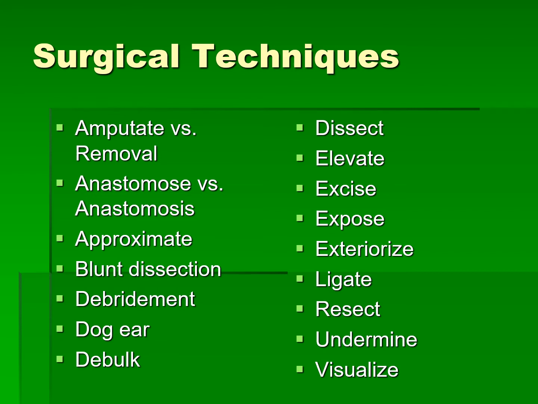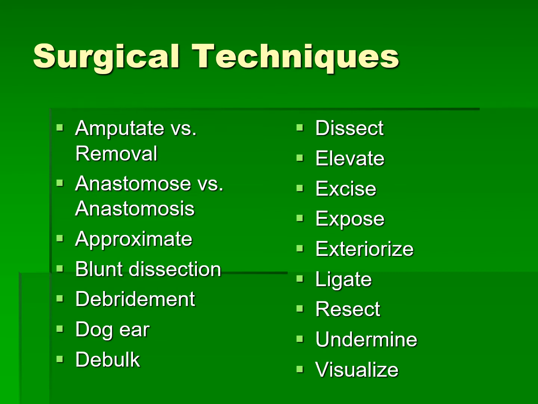Blunt dissection is the opposite of sharp dissection. So sharp dissection, we're going to use a scalpel, cautery, maybe scissors, something of that sort. But blunt dissection is more kind of teasing tissues apart without cutting them apart.